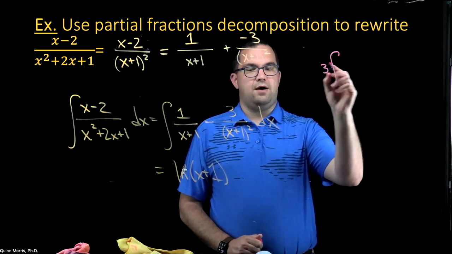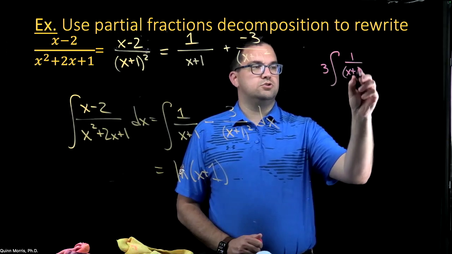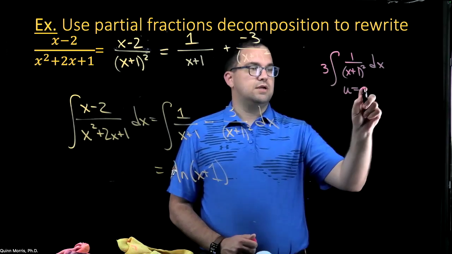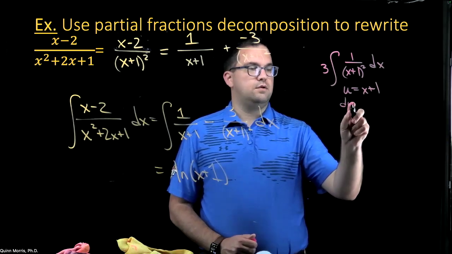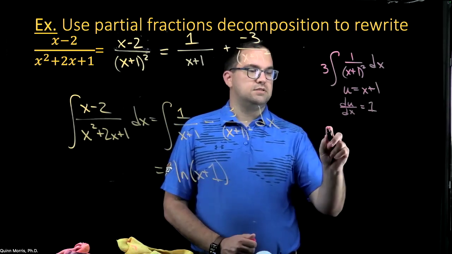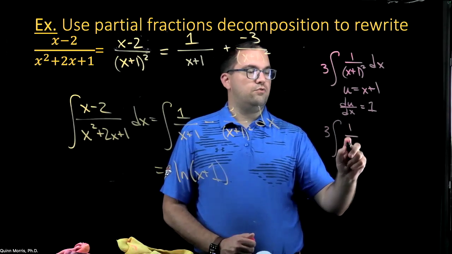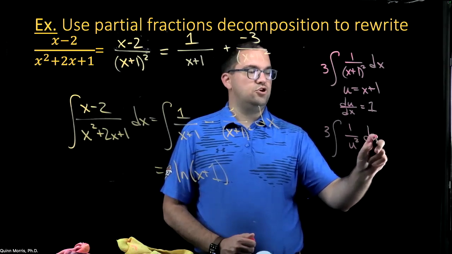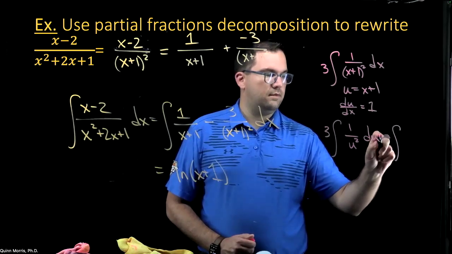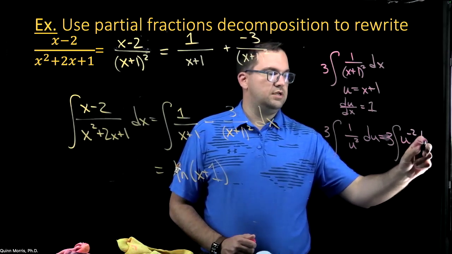So I'm going to pull the 3 out, and I'll have 1 over (x plus 1) squared dx. If I want to, I can think of this as a u substitution. I could let u be equal to x plus 1, and then du dx would just be 1. And so I get 3 times the integral of 1 over u squared du, which is 3 times the integral of u to the minus 2 du.